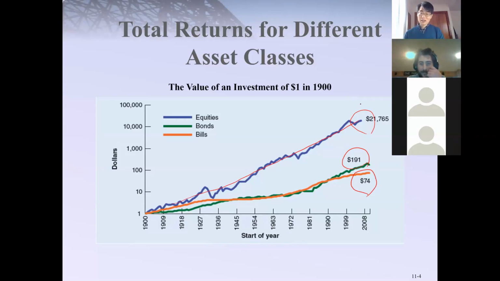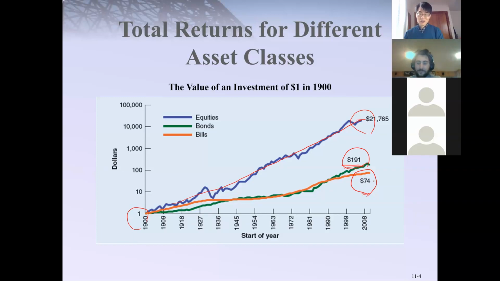So had you invested $1 in 1900, right? In 2010, you would have more than $10,000 had you invested in stock. Had you invested in the bond, you would have only $191. Had you invested in T-bills, you would have only $74, right? Because of the compounding and because of the differences in the rate of return.